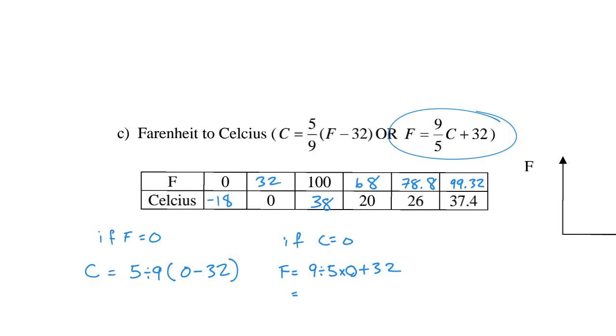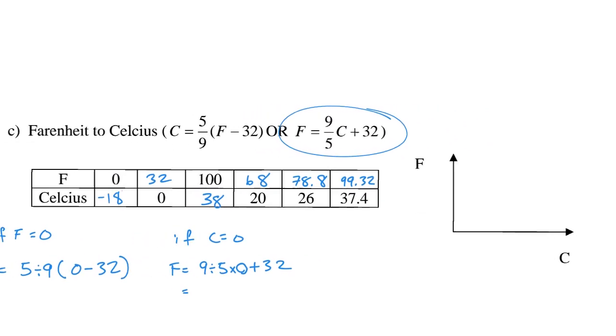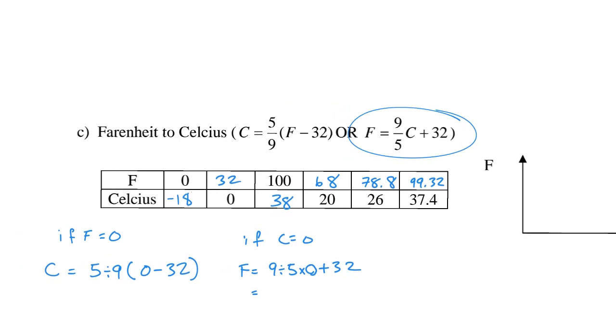Now, when we want to take a look at the graph that you're going to get, notice if the Celsius was 0, the Fahrenheit was 32. And which one of those represents that?